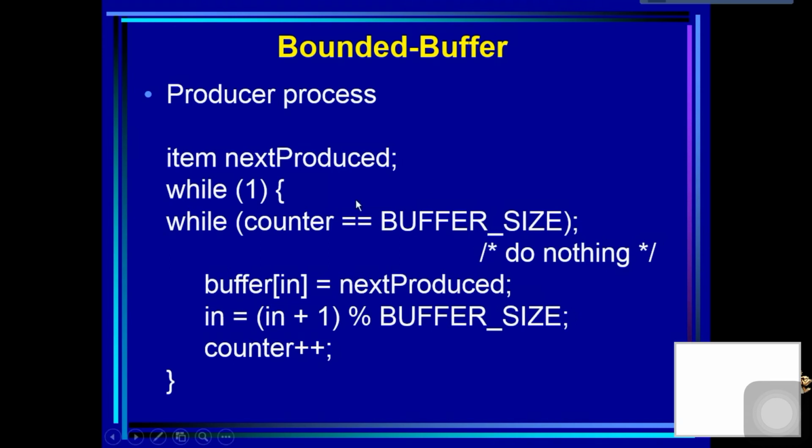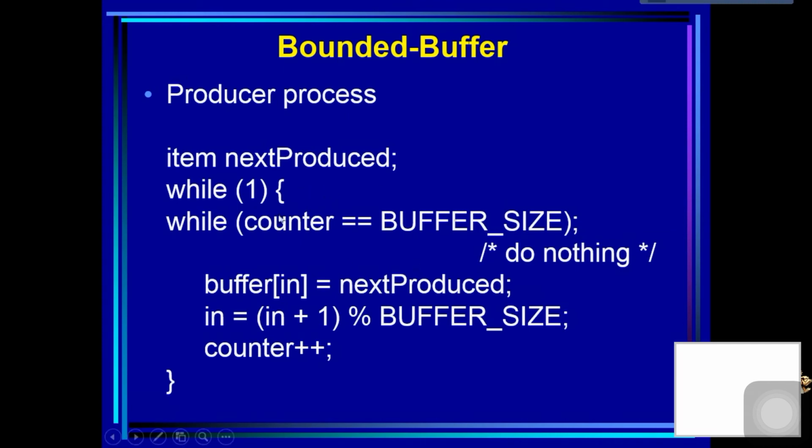Okay, so we can see here when counter equals buffer size, that means there is no place for the producer to put an item into the buffer. So the producer will do nothing, just loop and loop again, checking the condition till its time slice elapses.